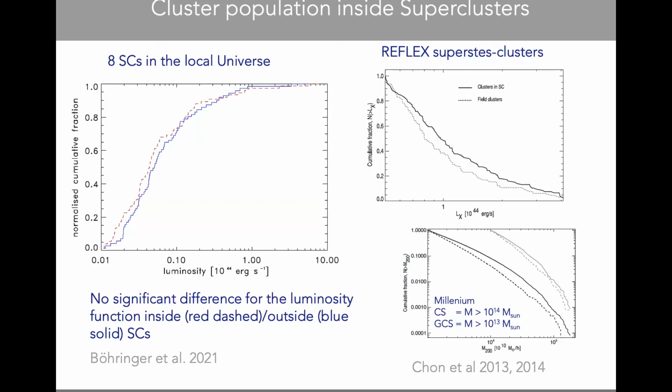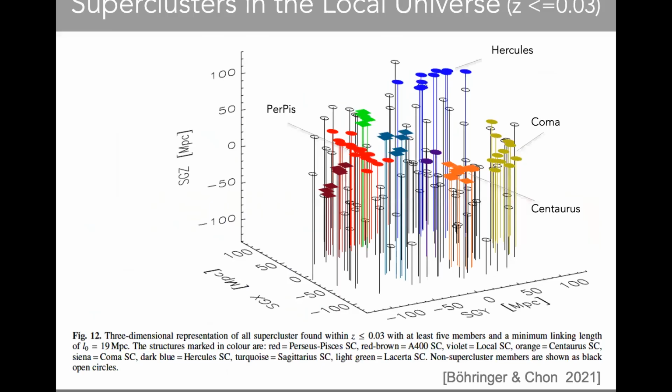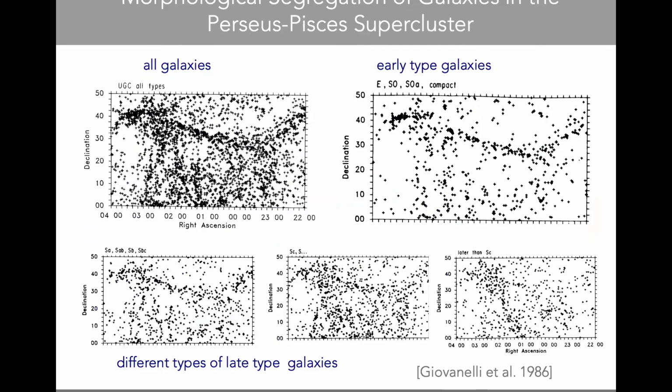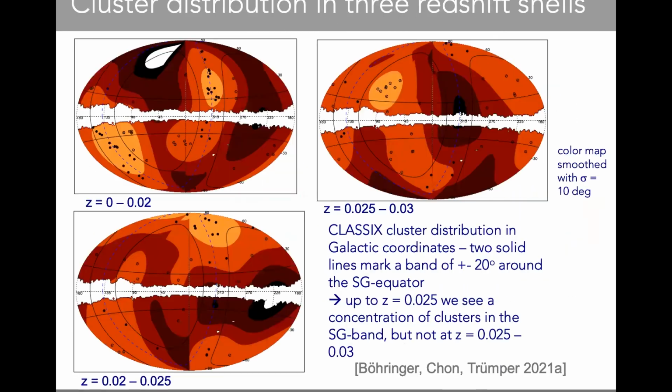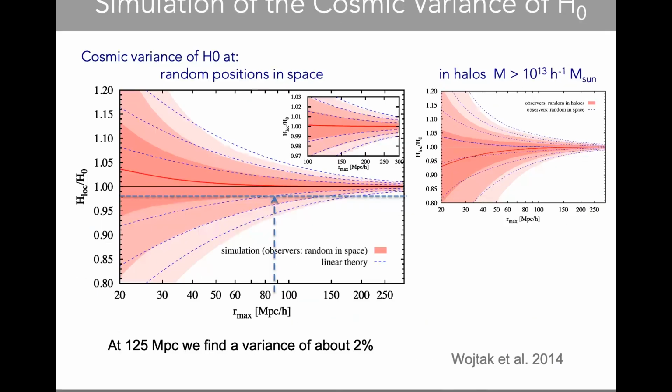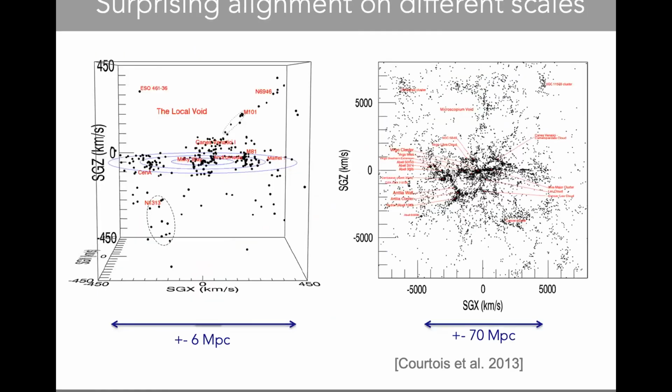For me, it's a coincidence. I was also very surprised when I reviewed the work, about this plot. This is just 6 megaparsec, and these are the local groups around our Milky Way.